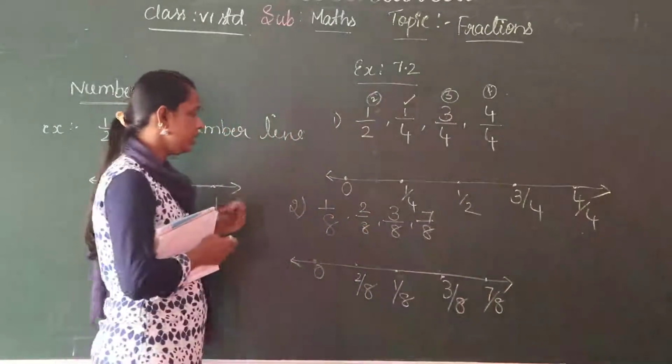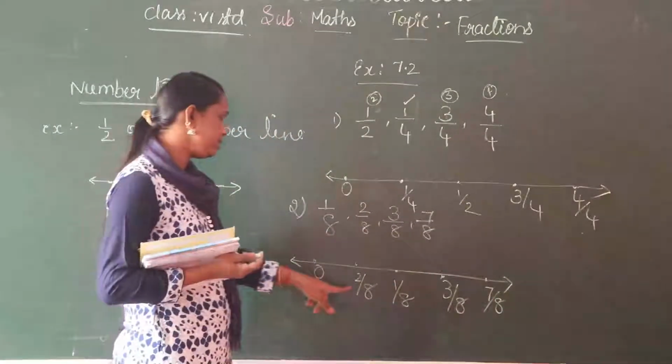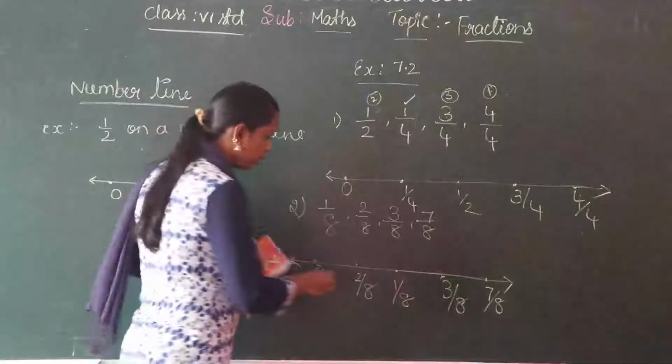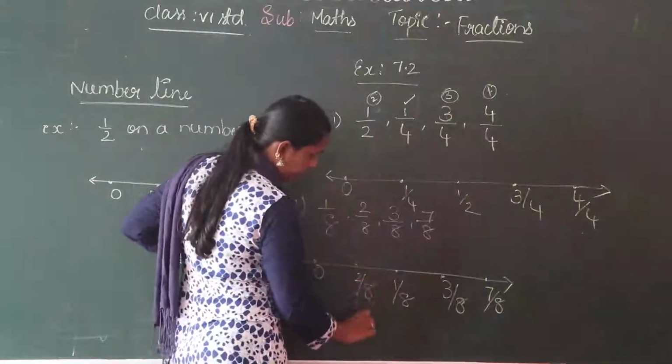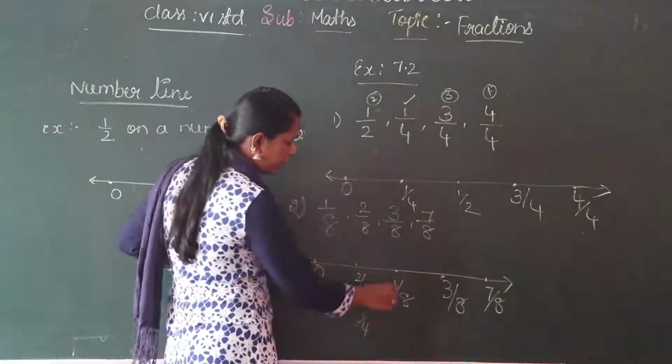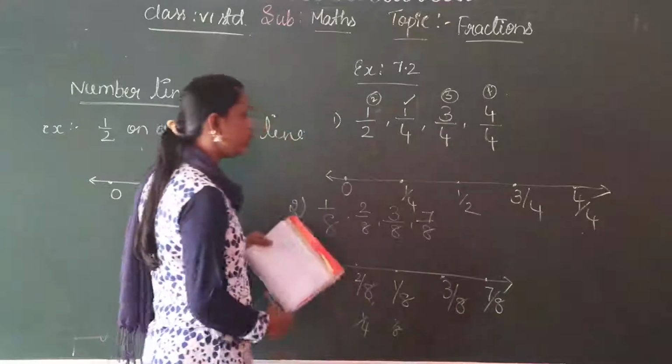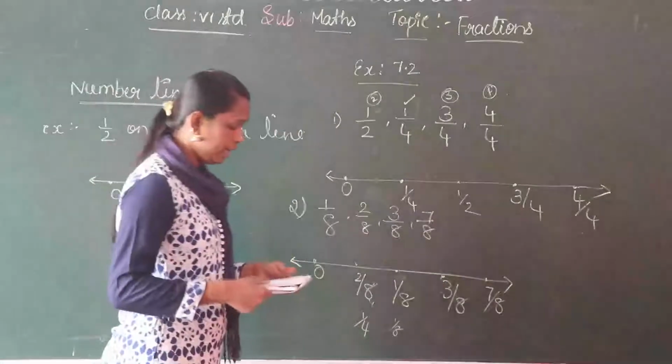How can we write? 2 by 8 means we can divide by 2, you get 1 by 4. Here 1 by 8, this 3 by 8 as it is. So write in ascending order.